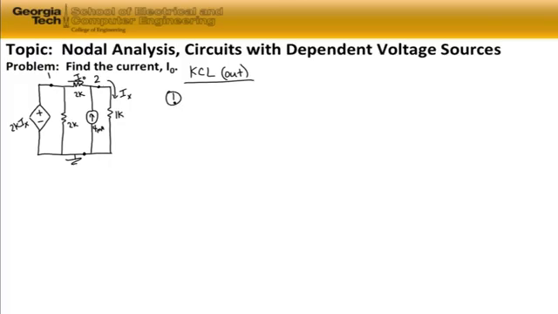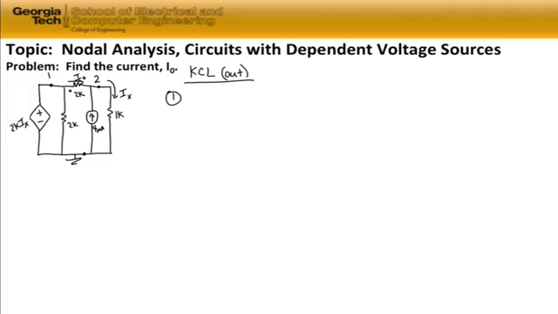Node 1 has the current associated with the dependent source flowing into it. It has the current flowing through the 2 kilo ohm resistor from the bottom to the top, and it has a current flowing through the 2 kilo ohm resistor at the top of the circuit as well.